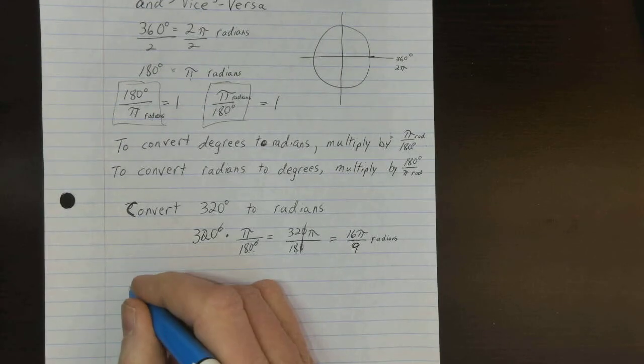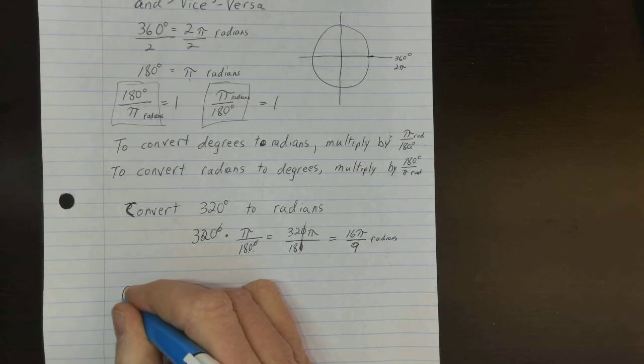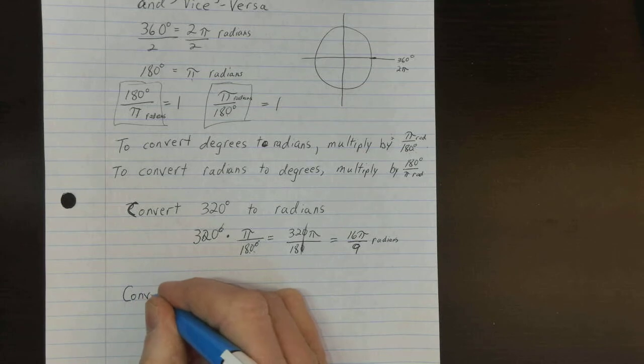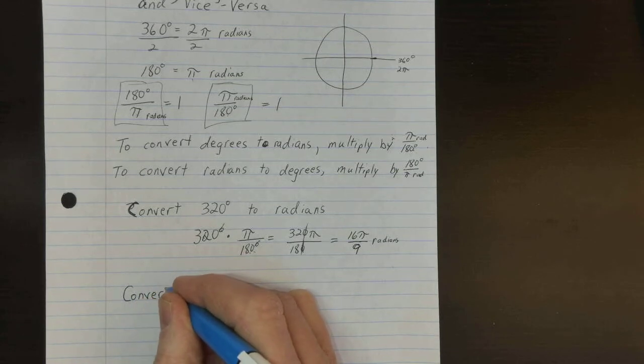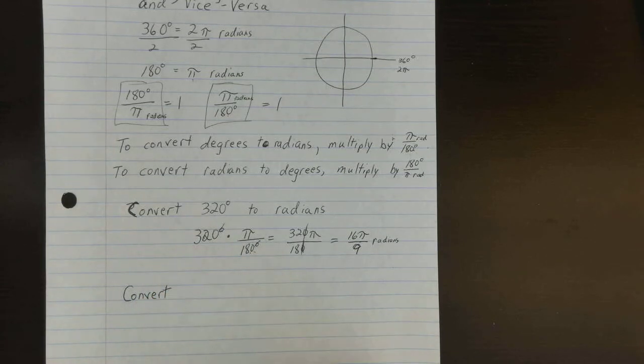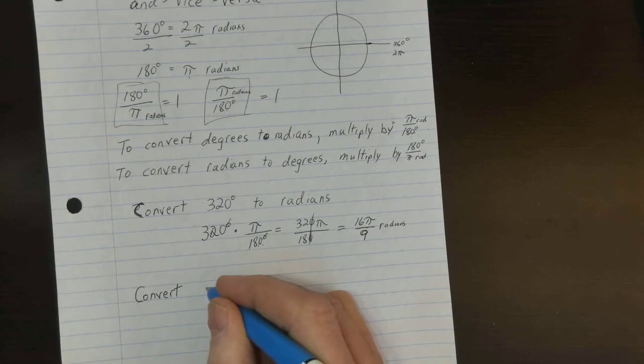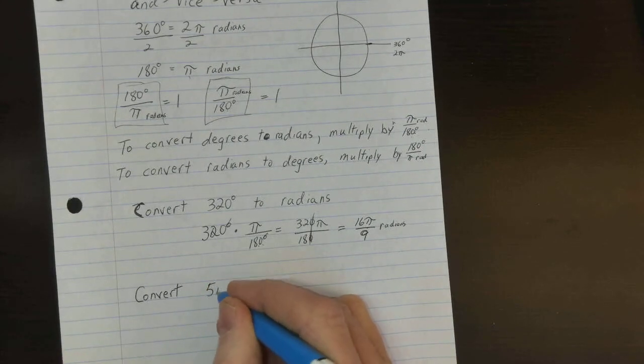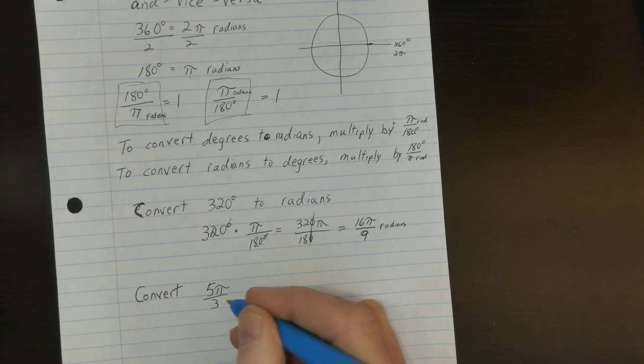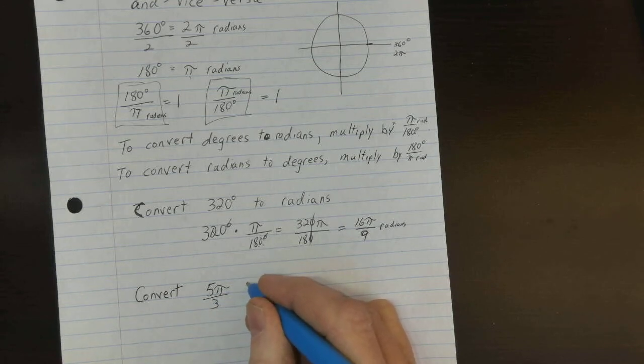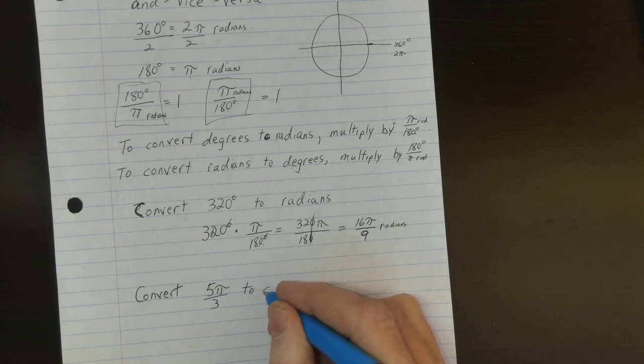And let's work on the other way too. Let's convert 5 pi over 3 radians to degrees.